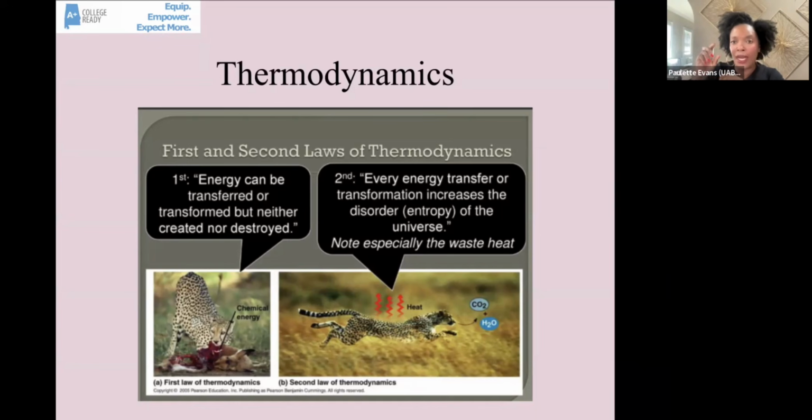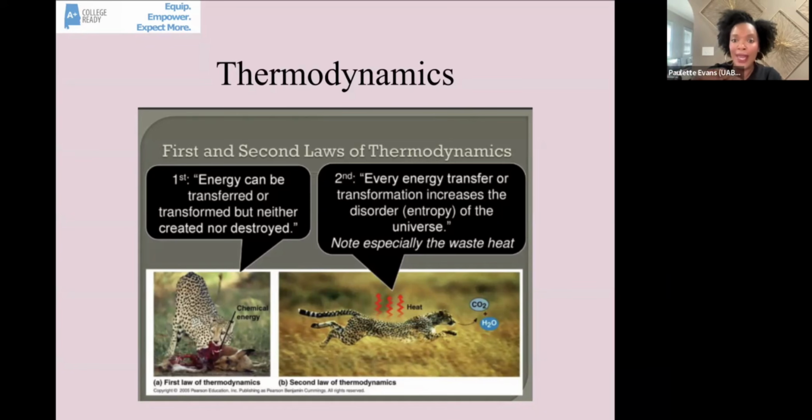And then photosynthesis is the process that autotrophs or producers are going to utilize to capture the sun's energy, take that energy and transform it into the energy in sugars. All right. Organic molecules, this particular organic molecule or macromolecule, a sugar, or you may say glucose. All right. And so that's the first law of thermodynamics. Energy can be transferred or transformed, but neither created nor destroyed.